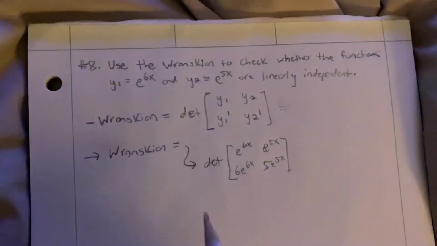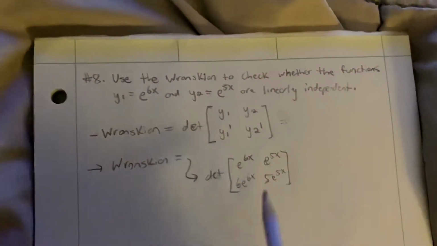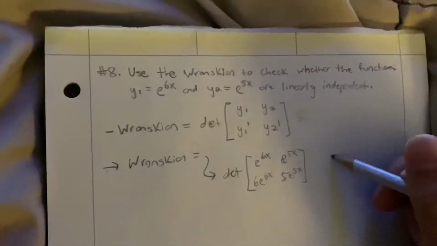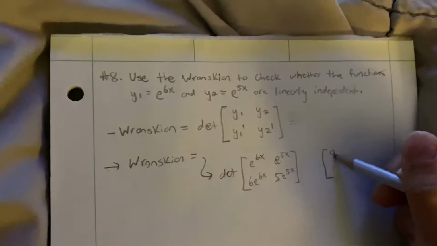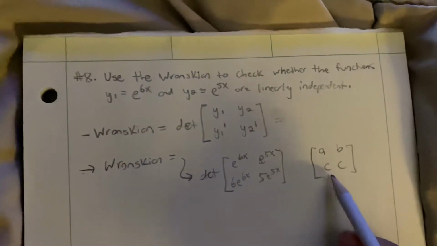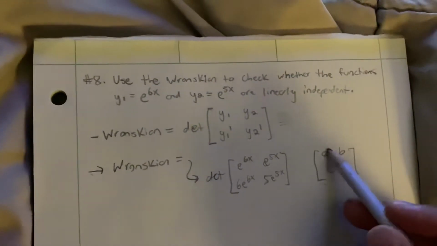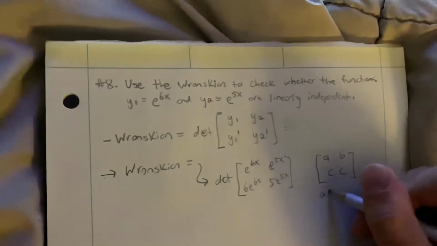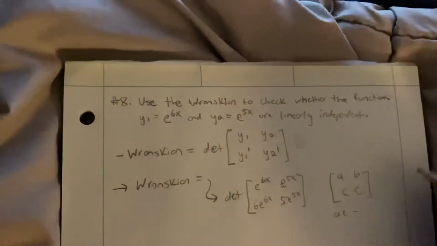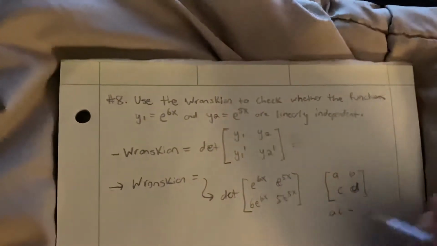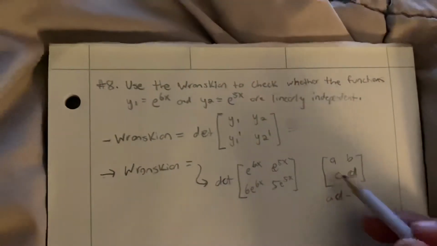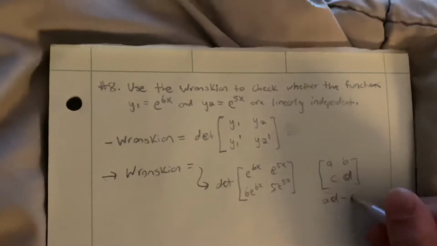From here, we want to find the determinant of these four items. How we do that is, when we have a, b, c, d, the determinant is going to be a times d minus c times b.